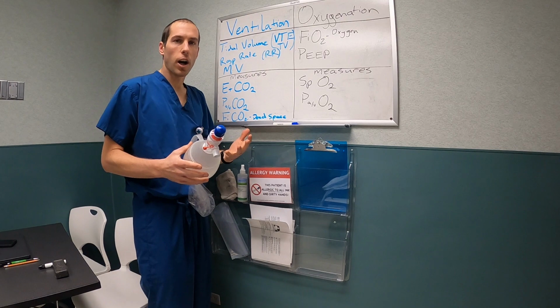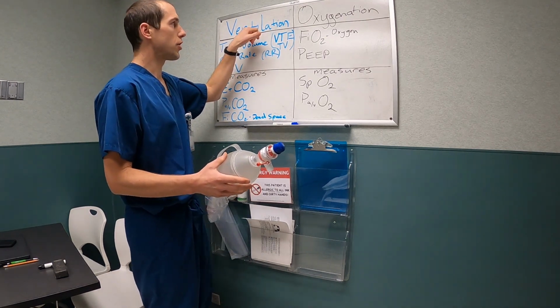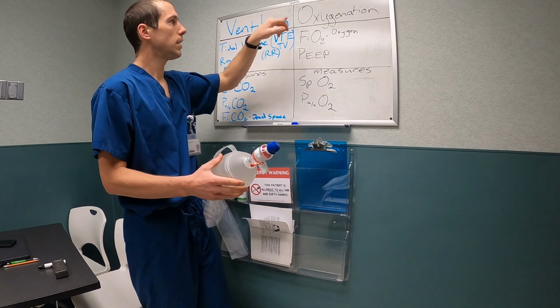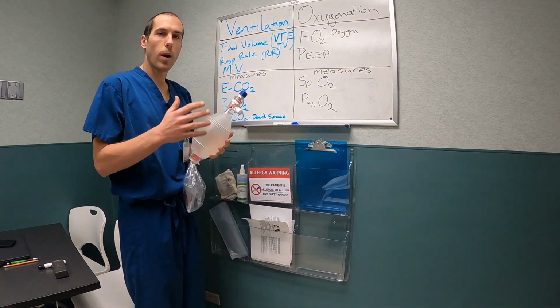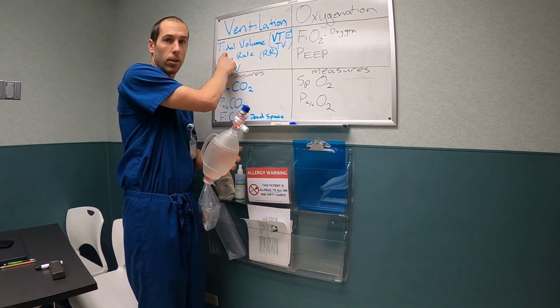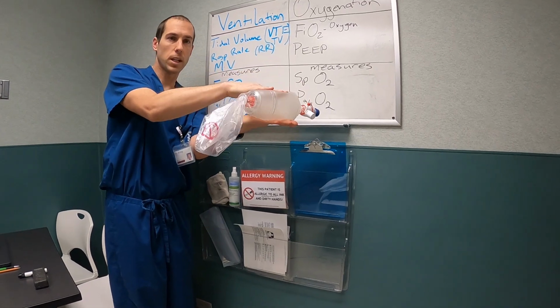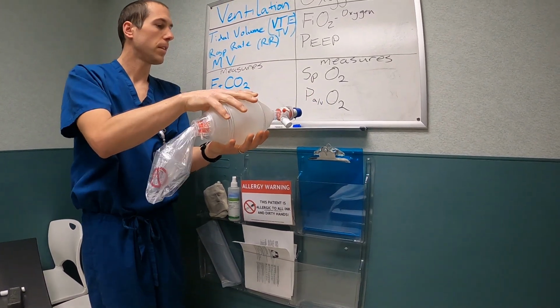So when we're talking about mechanical ventilation, we have two components. We have the ventilation, CO2, and oxygen, your O2. The way we accomplish the ventilation part is our tidal volume, how much we squeeze into the patient's lung per breath.